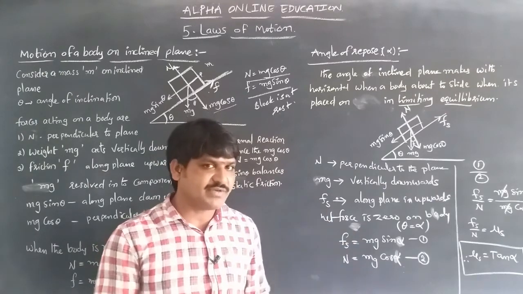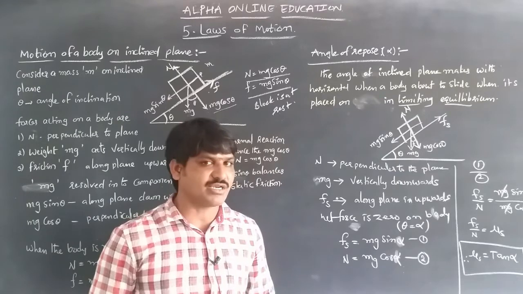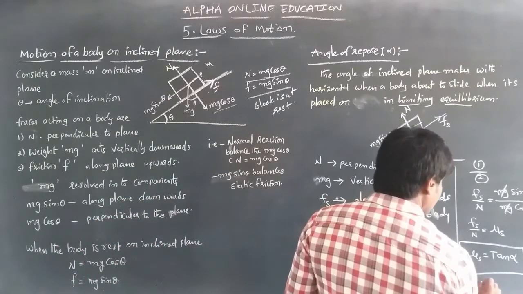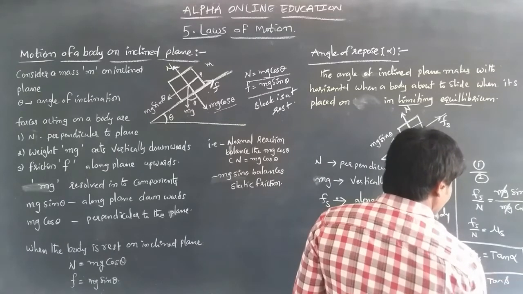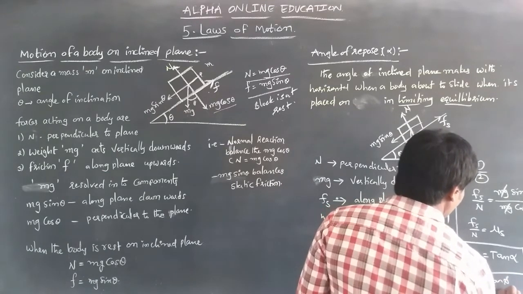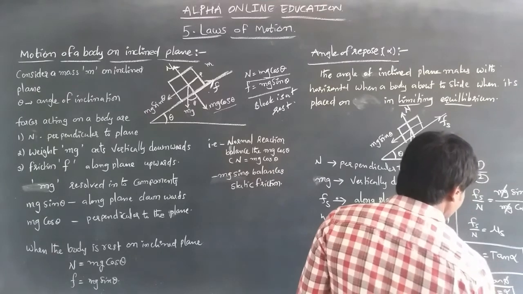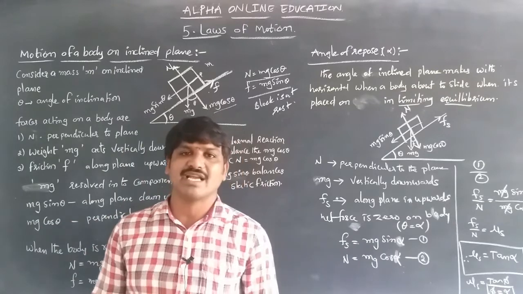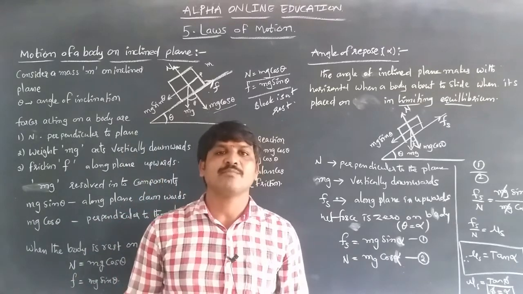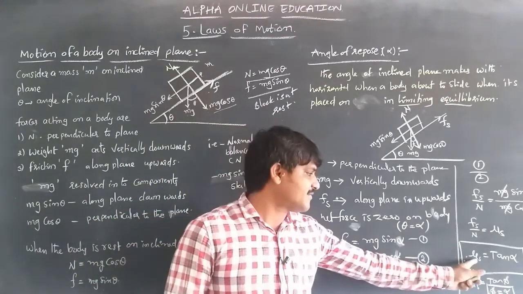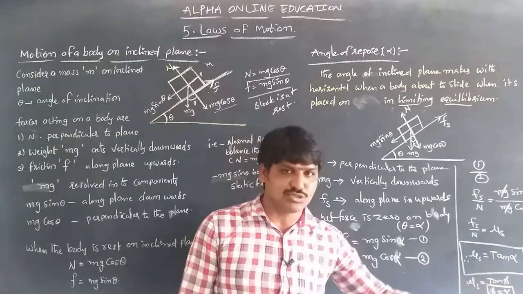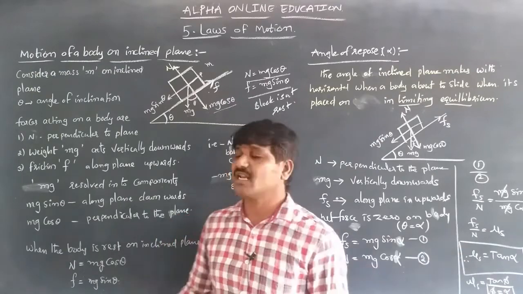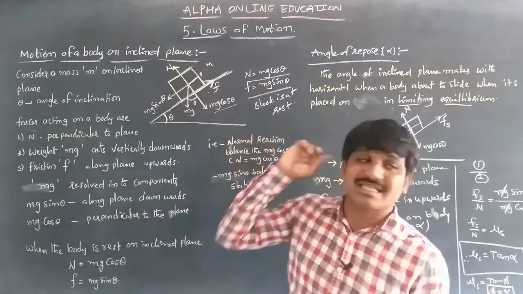Earlier we discussed the angle of friction, where mu s is equal to tan phi. Here we can say that phi is equal to alpha when the body is ready to slide down.